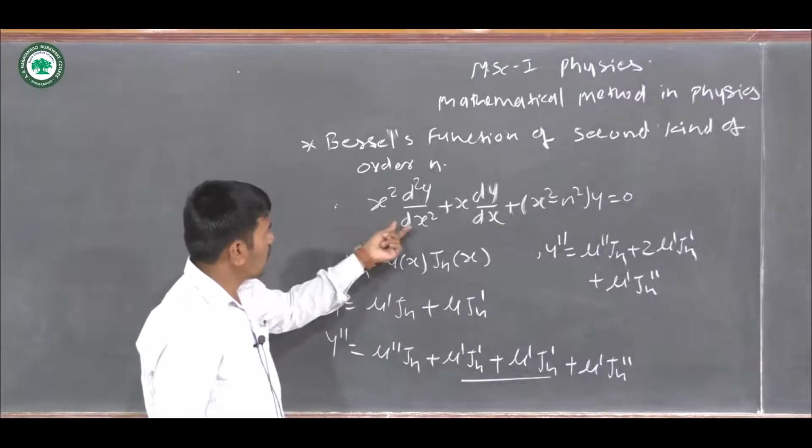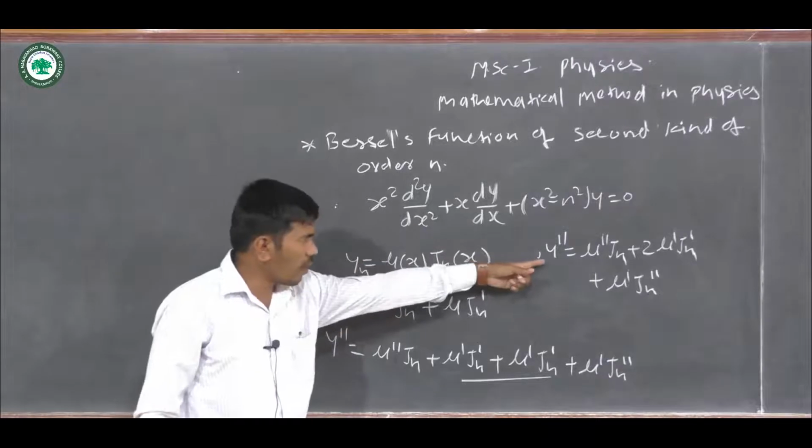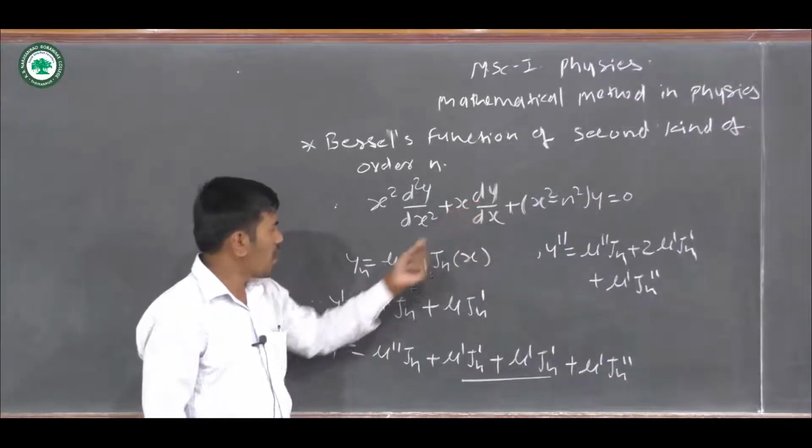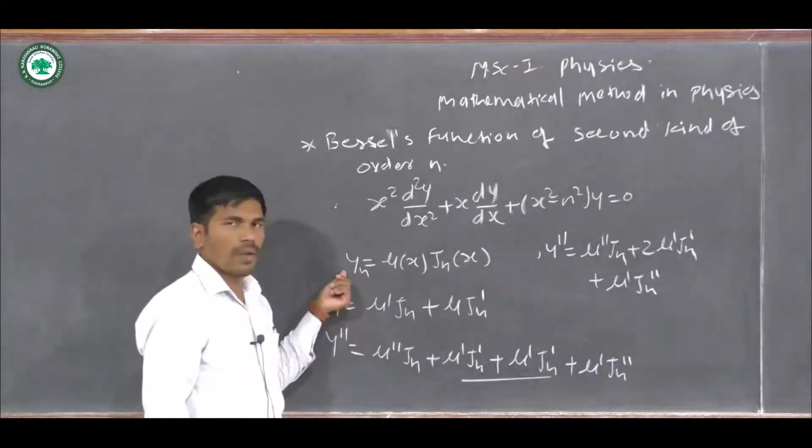So just replace d square y by dx square with this y double prime, dy by dx with this y prime, and y with this y.